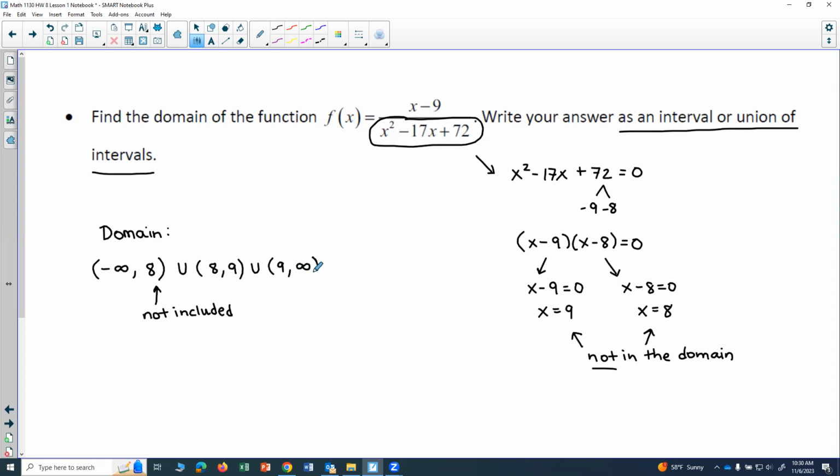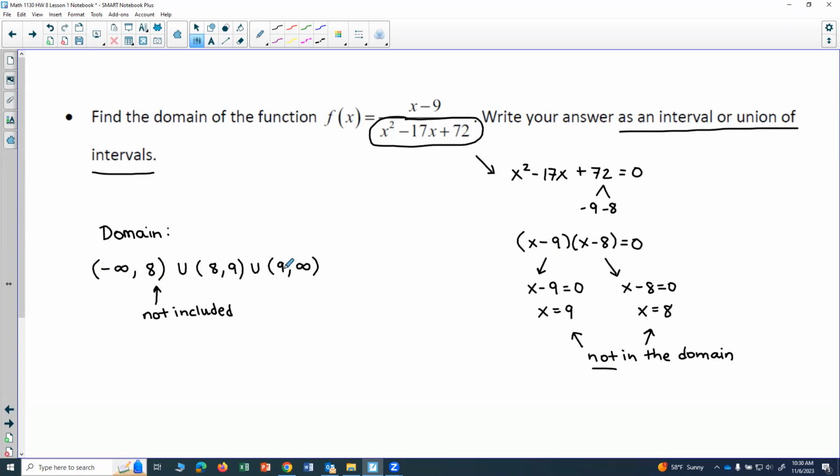So basically what I did was I broke this up into 3 intervals, negative infinity to positive 8. I use a parenthesis to exclude the 8. I want to do 8 to 9, but I use parentheses to exclude those endpoints of 8 and 9. And then I do 9 to infinity, but I use parentheses to exclude the 9.